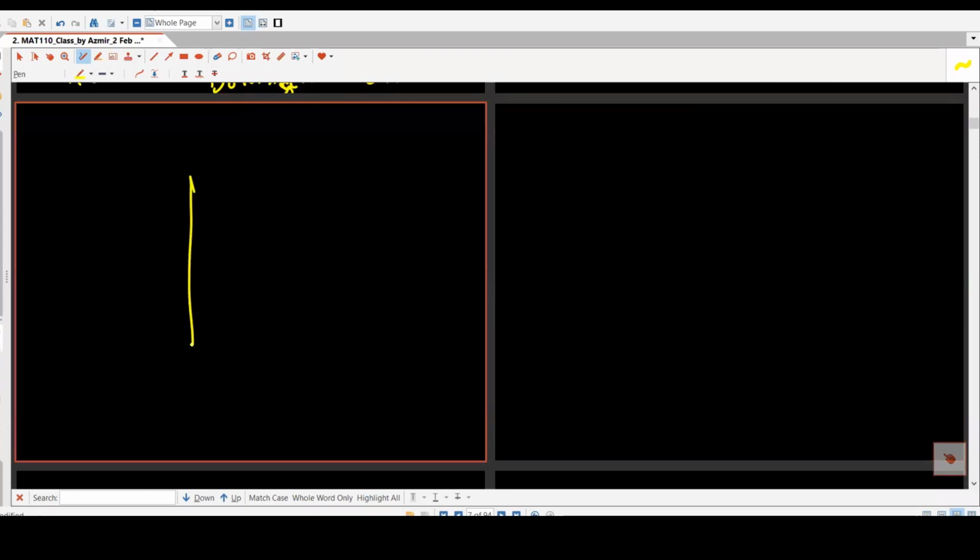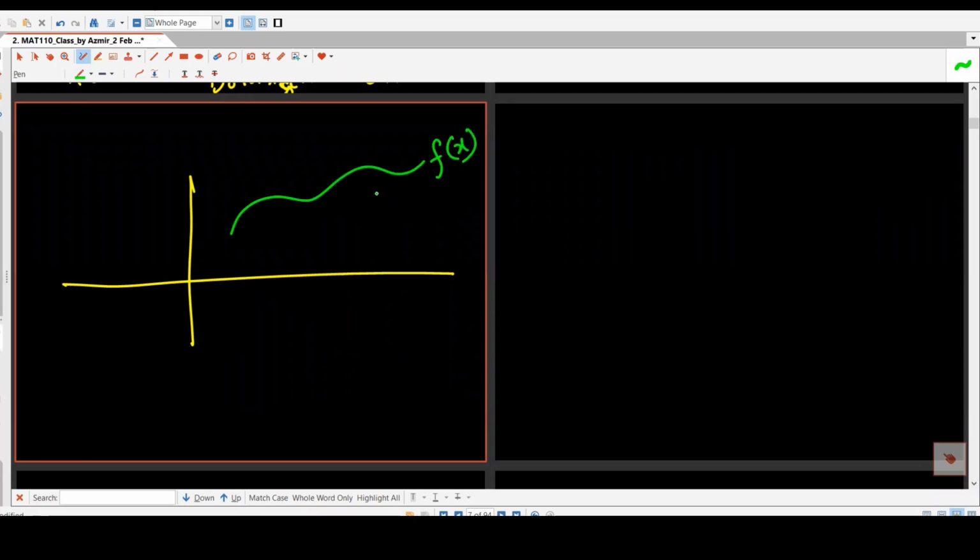Suppose we are trying to evaluate the limiting value of any function. This green color curve is, let's say, f of x. At any point in the number line, that is at x equals a, we are going to evaluate the limiting value.